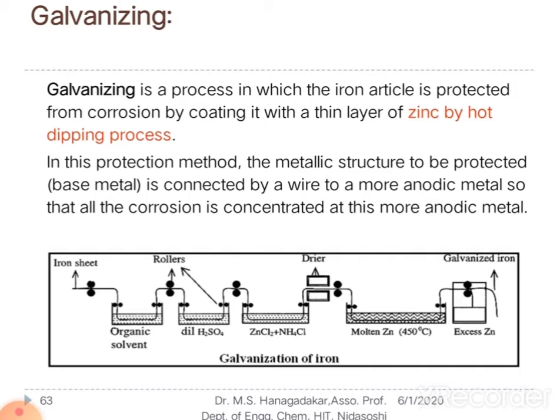So coating of zinc on iron sheet by the hot dipping process is simply known as galvanizing. In this process, an anodic metal is coated over the surface of the cathodic base metal to prevent corrosion.